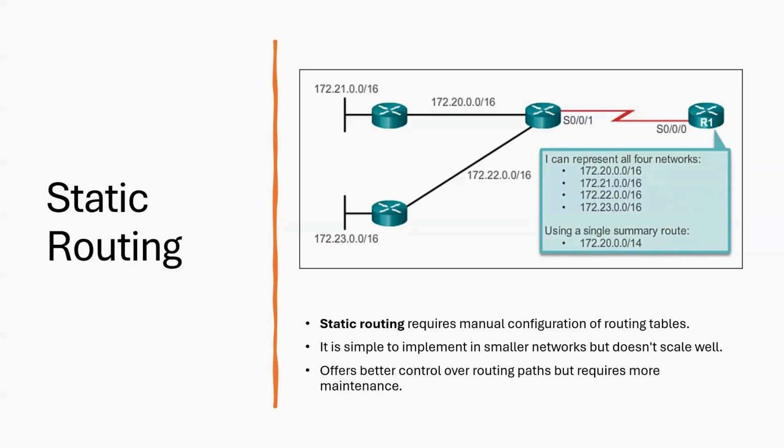Static routing doesn't scale well for larger networks since you have to manually configure and maintain every single route. In static routing, the router doesn't need to process any dynamic updates, making it efficient, but it's not adaptable to changes.